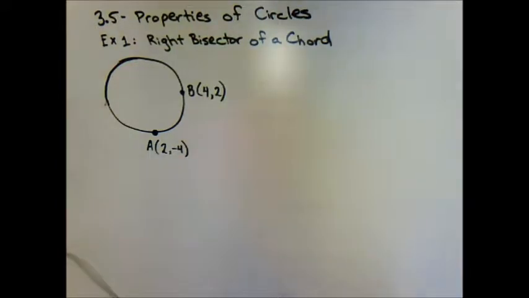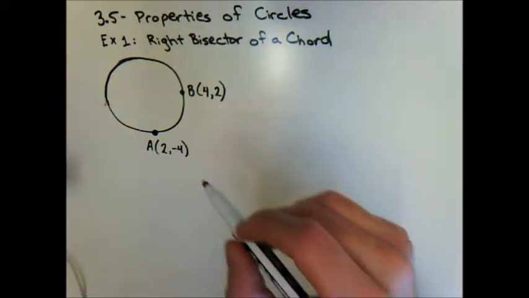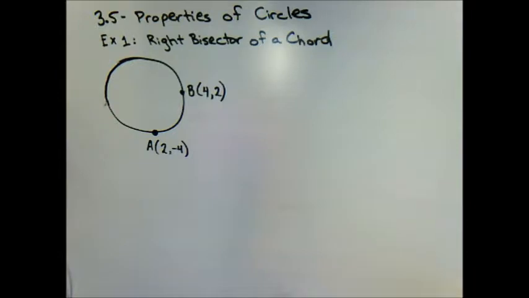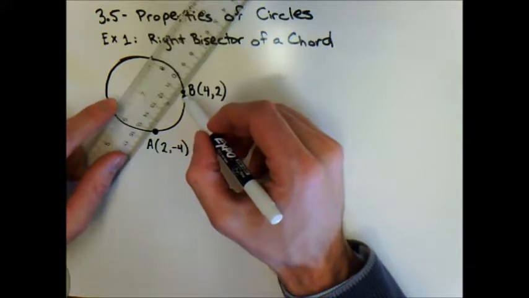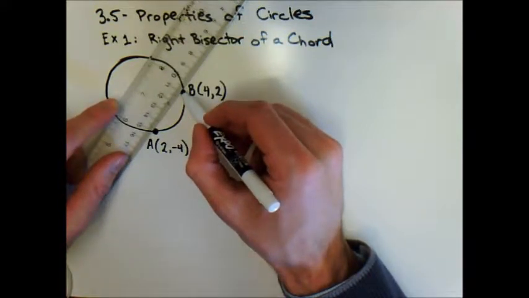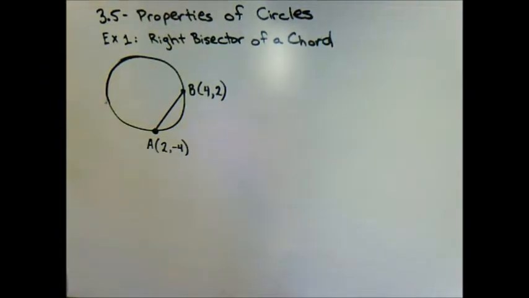And a chord, we've defined before, is a line segment that joins 2 points on a circle. So A and B are 2 points on a circle, and the chord is the line segment that joins them.